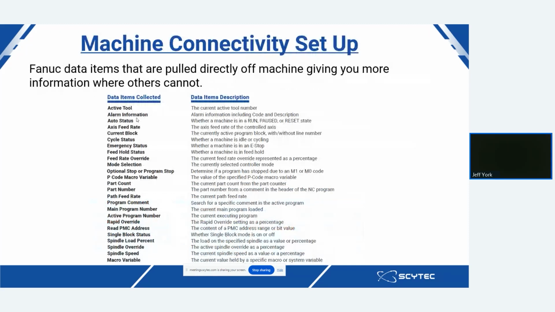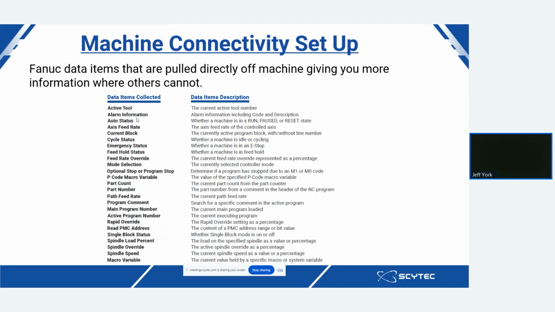So what separates a direct protocol as opposed to OPC UA or MT Connect is the data points that you can collect off of the machines that are outfitted with that. And you can really pull a whole litany of stuff off of there that can be used to populate your manufacturing charts. What we're looking at is a collection of Fanuc Focus related data items that are collected.